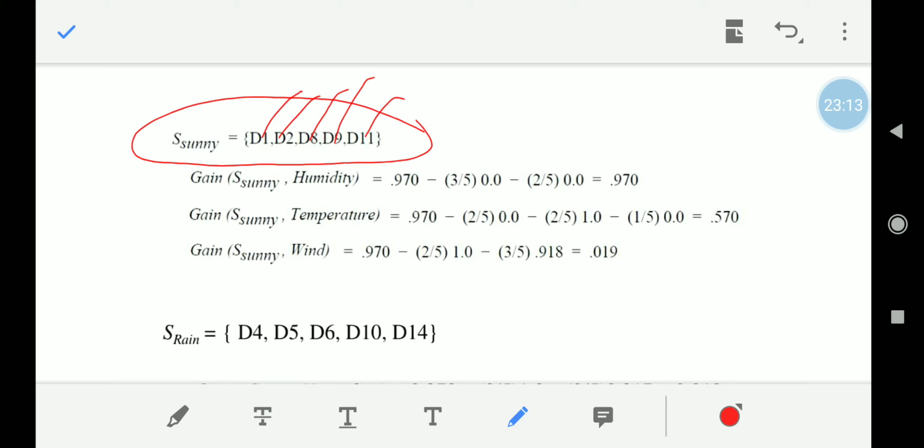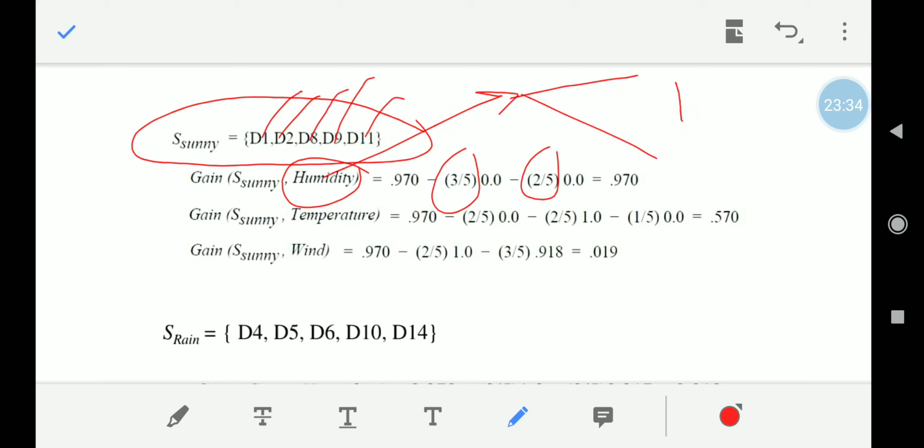When S is sunny, what are the values for humidity? What is the gain for humidity? How will you calculate that? Here it is 3 by 5 and 2 by 5. For humidity, you have two values: one is high, the second is normal.